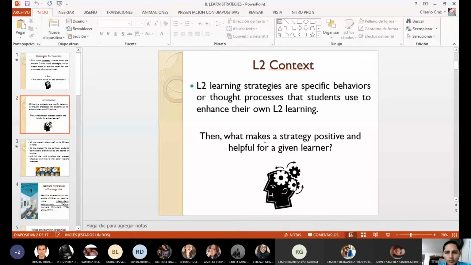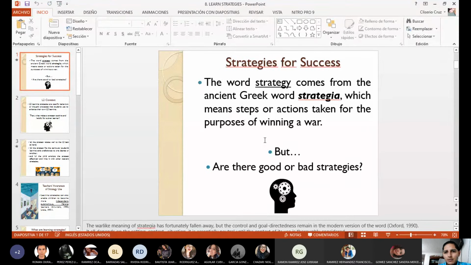Well, the root of the word strategy comes from the Greek. At the beginning, it was related to winning a war, military wars, and strategies for taking a couple of steps beyond in winning a war, in short.